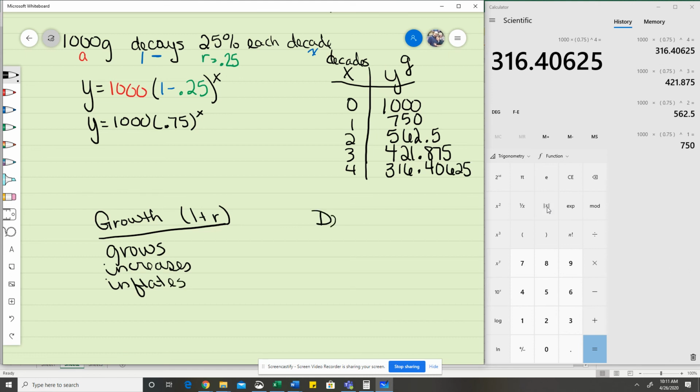And a decay, where it's 1 minus the rate, that's going to be words like decays, decreases, deflates, or anything that indicates that it's getting smaller.